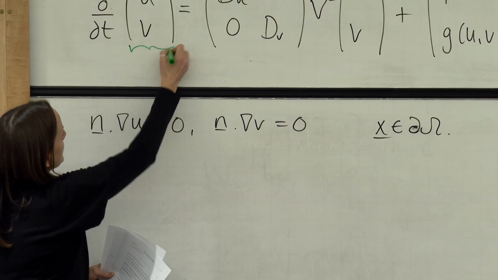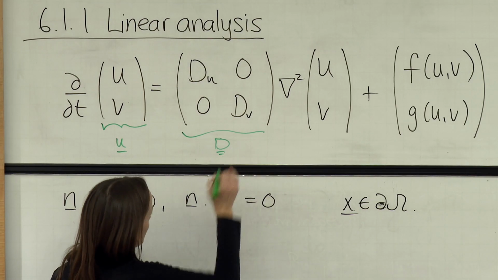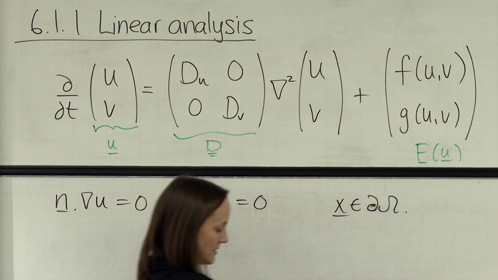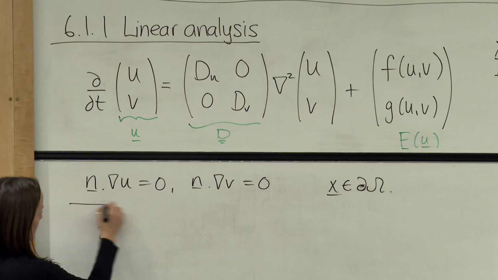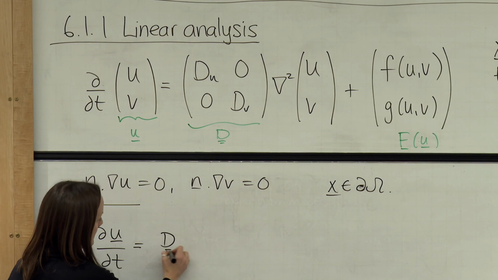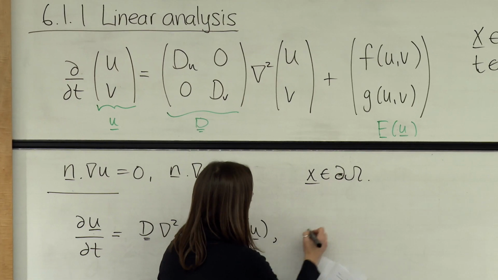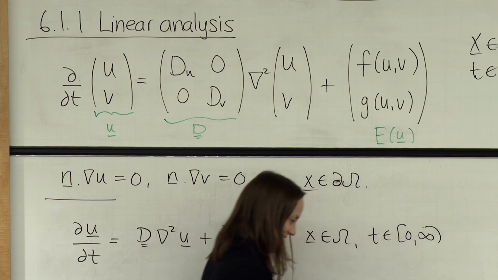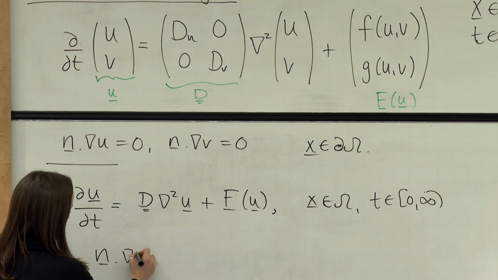So if I let this thing be the vector u, I can let this be the matrix of diffusion coefficients, D, and I might often call this f(u) as well, so that it becomes a bit simpler to write: du/dt = D times the Laplacian of u plus f(u), with x in Omega, t in (0, infinity), and n dot grad u equal to 0.